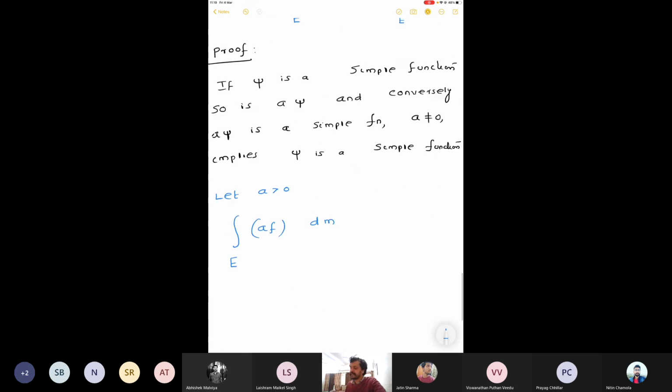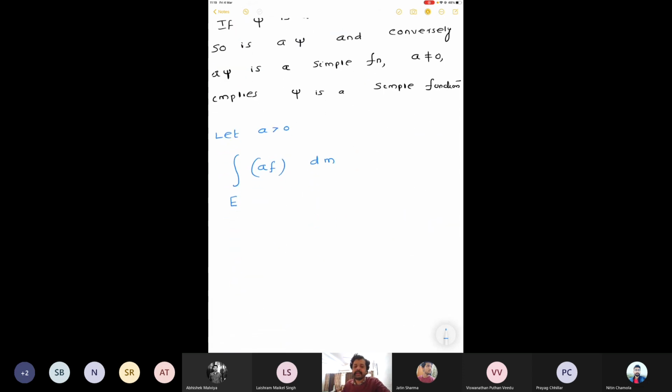Now I am asking, how will you integrate a bounded measurable function AF? Instead of integrating AF, I will integrate simple functions greater than or equal to AF, and then I will take the infimum. Or you can take simple functions less than or equal to AF and then take the supremum.